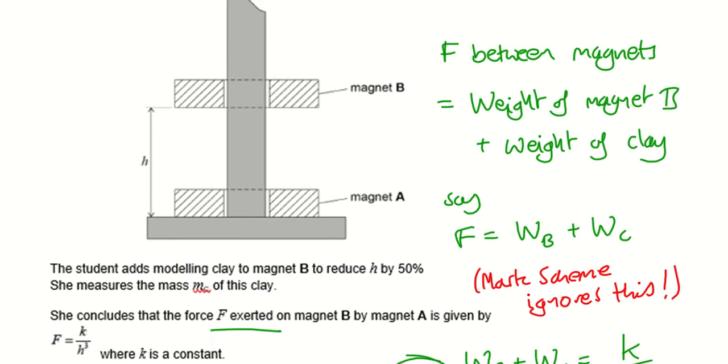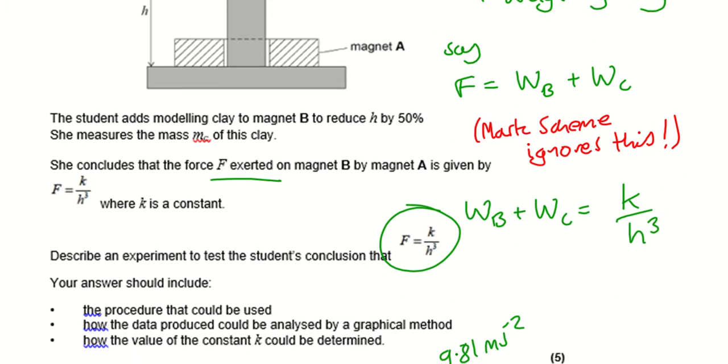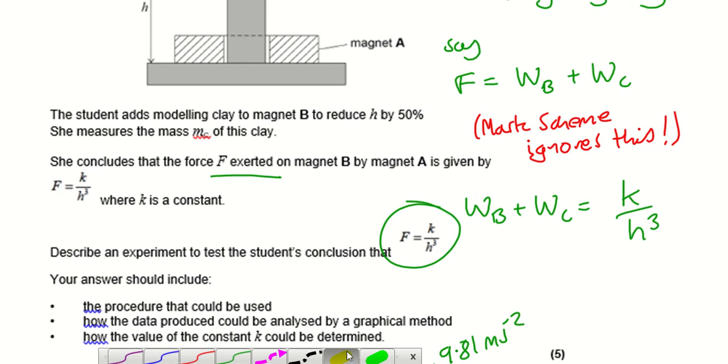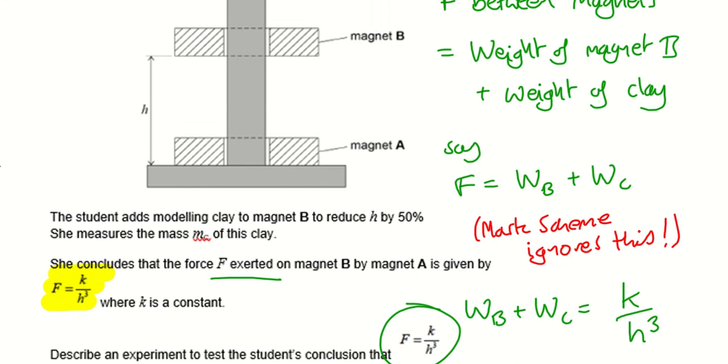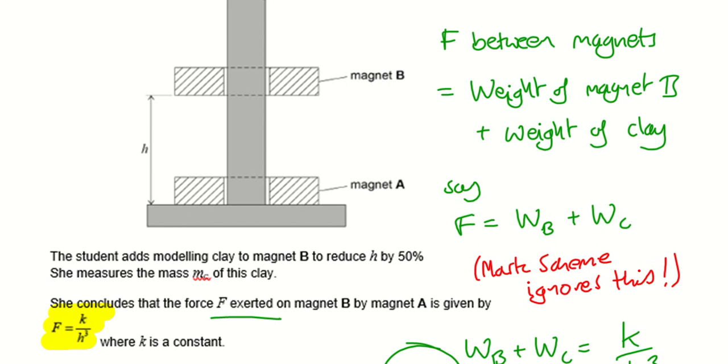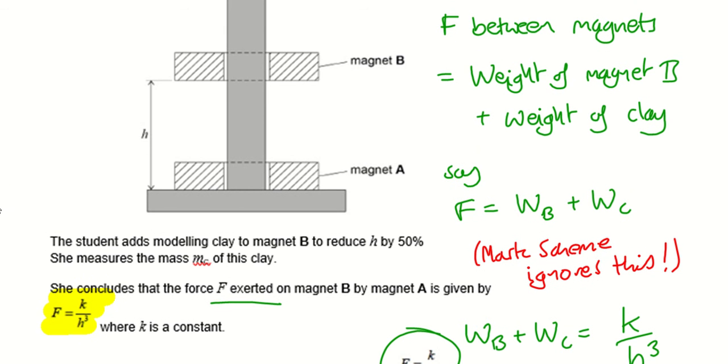They've said they've discovered that this is the relationship. The force will be k over h to the third, where h is the height of magnet B above magnet A. Now, two criticisms I've got here.